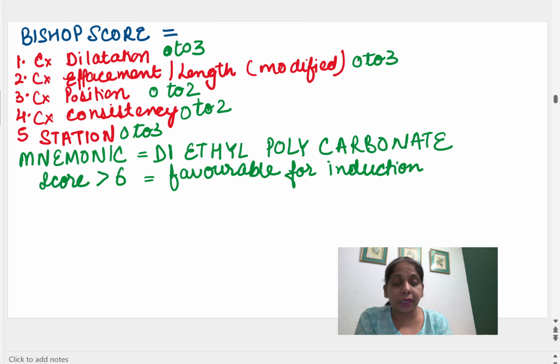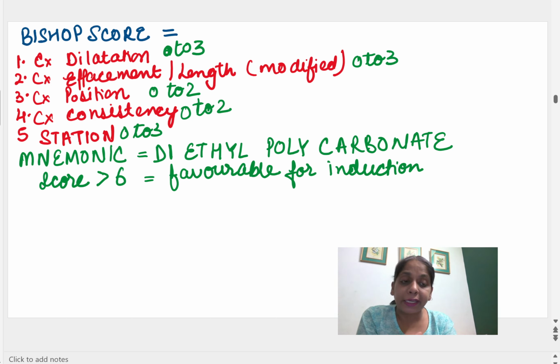So what does the Bishop score mean? The mnemonic for it is DEPPC. Okay, so in the Bishop score cervix has 4 points. Okay, number 1 is dilatation, which is the most important point, right? And the second point is effacement, again a most important point.